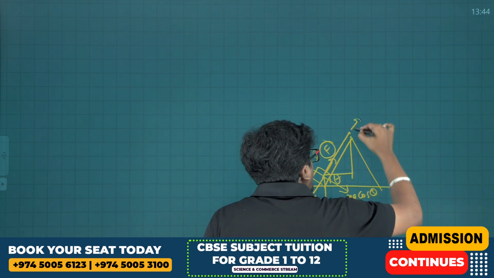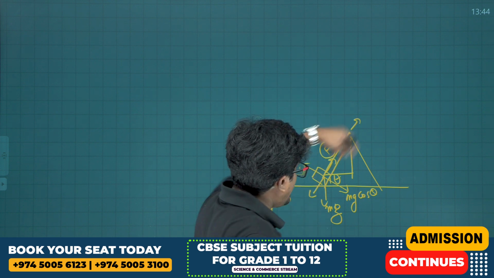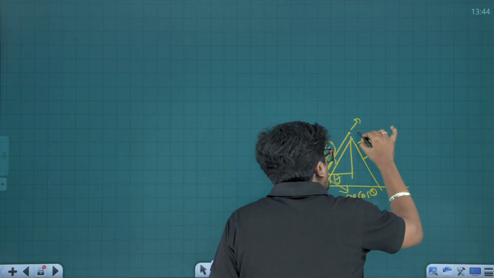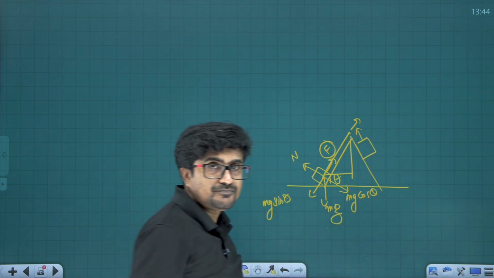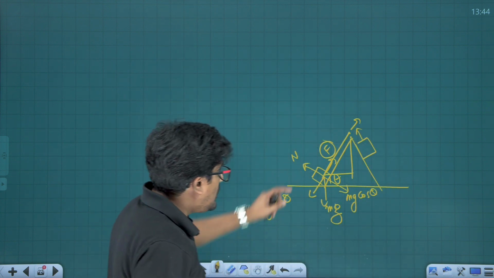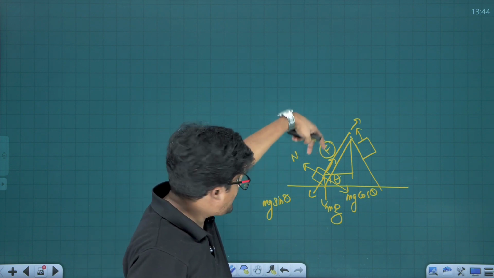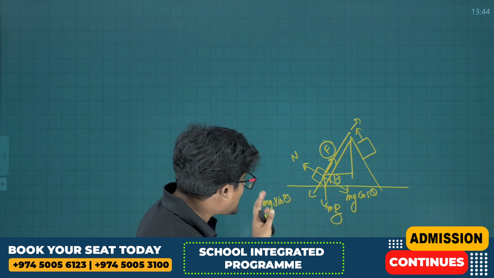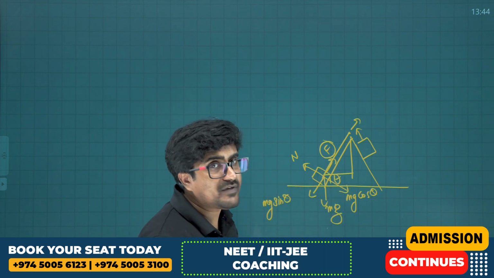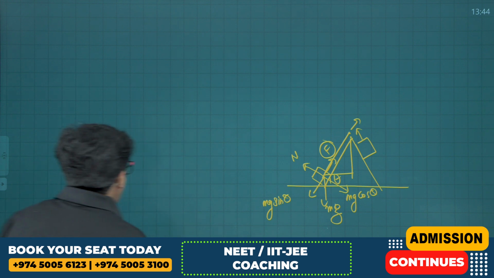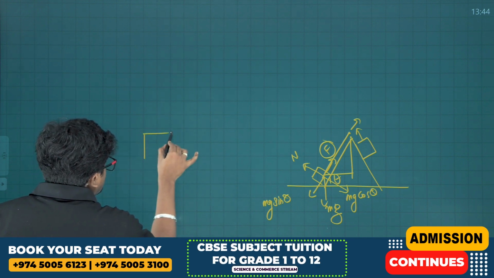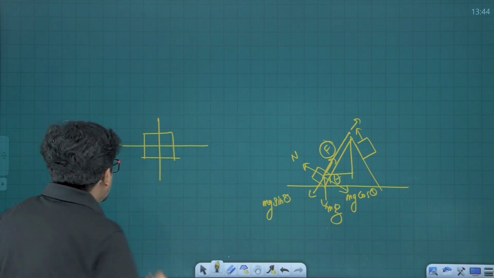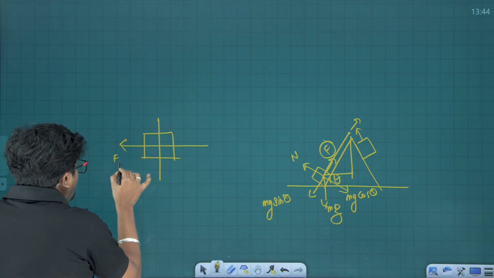But the point over here is, first of all the force is acting in this direction while taking it and reaching the top, and in the second case, while coming down, the force is acting in the opposite direction. So if I consider the horizontal components of these forces, to understand how it was moving along the positive x-axis direction as well as the negative x-axis direction, I can have the components like this.